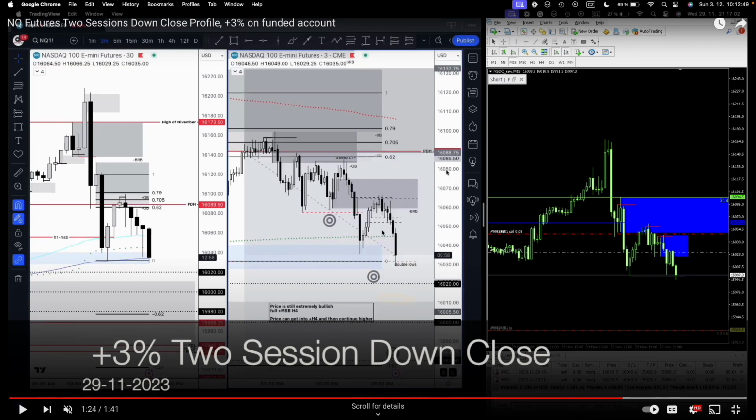I'm also noticing one thing, look at these M30 candles. When I see this one, I think it's 1 hour, 1.5, 2 hours, and 2.5 hours.